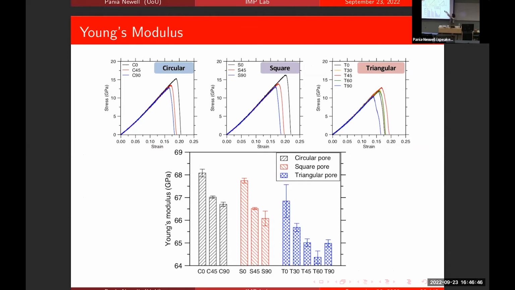In the circular and square case, they follow 0, 45, 90. So by increasing the defect order, the change in the stress-strain response corresponds to that orientation, but not so much in the triangular case.